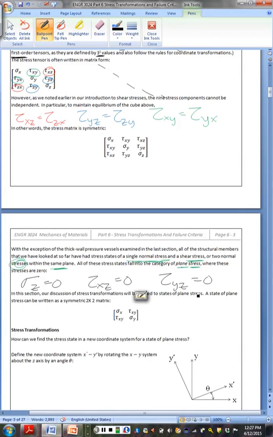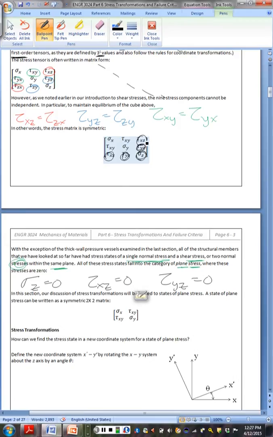So if we look back up at our symmetric stress matrix on the bottom of the previous page, we're saying that this is 0, that this, and therefore that, is 0, and that these terms are 0.